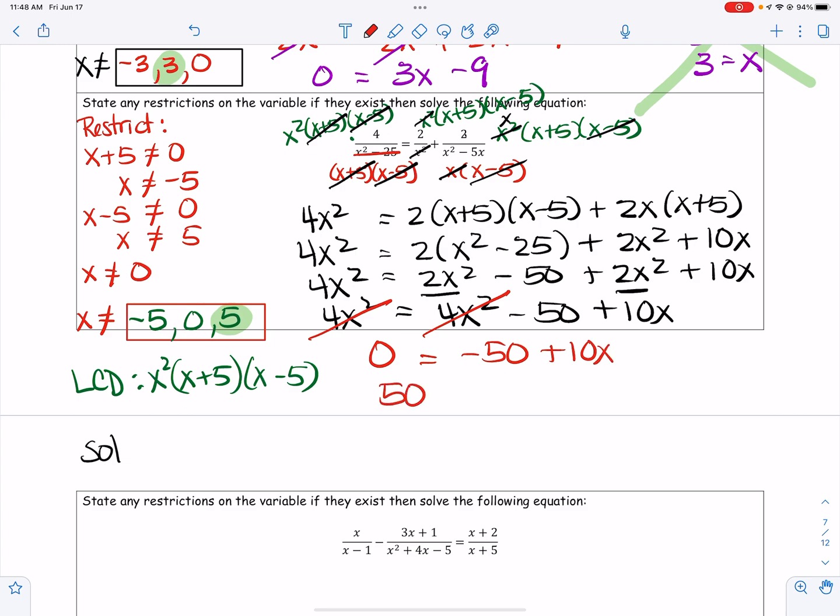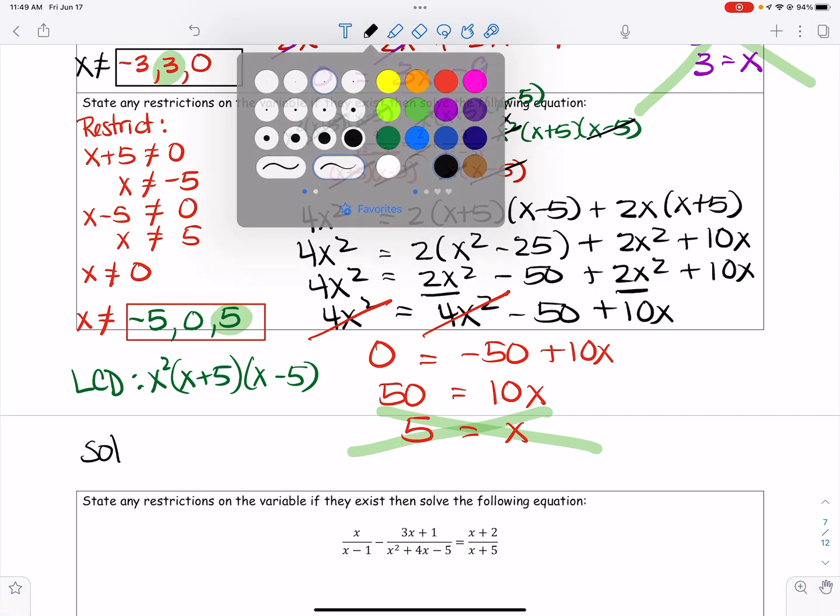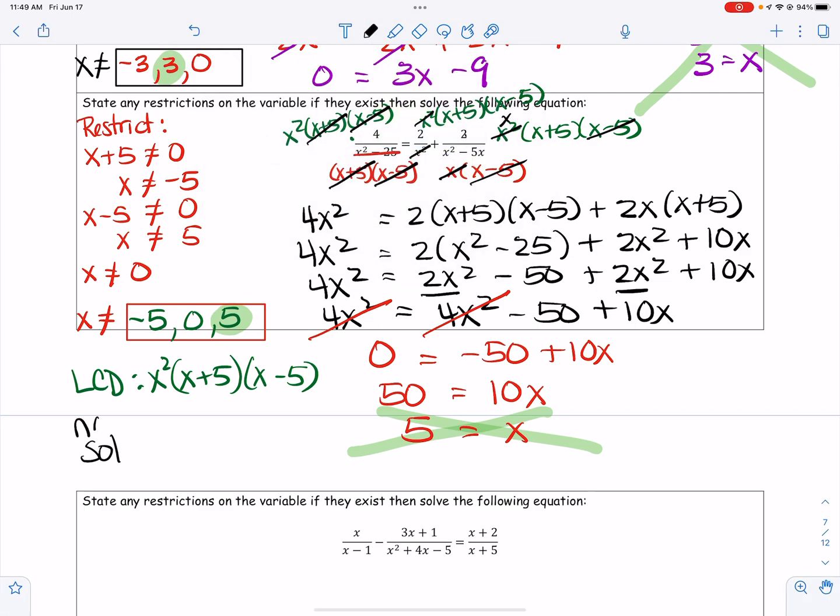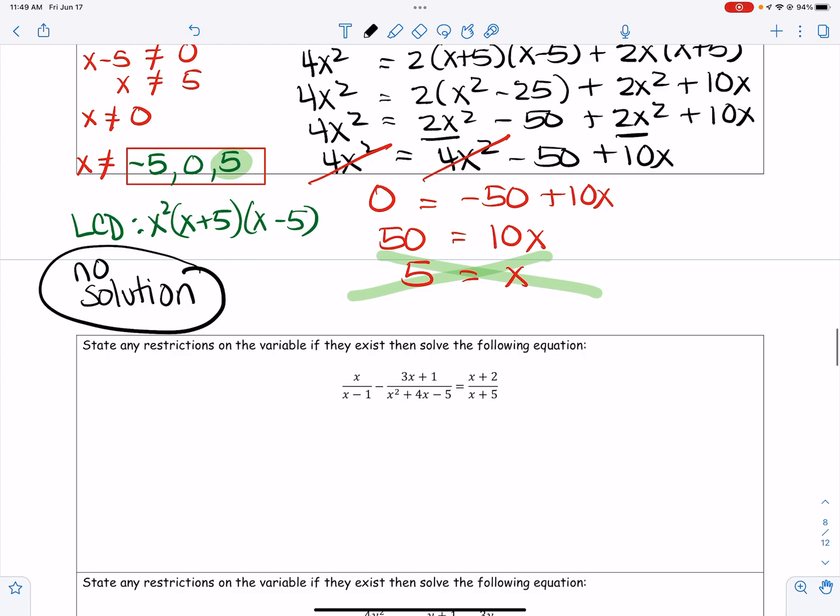And if you move the 50 over, and then you divide by 10, you get x is 5. So 5 is a restriction, so it cannot be a solution. So we would say no solution. Okay? All right, sorry about that.